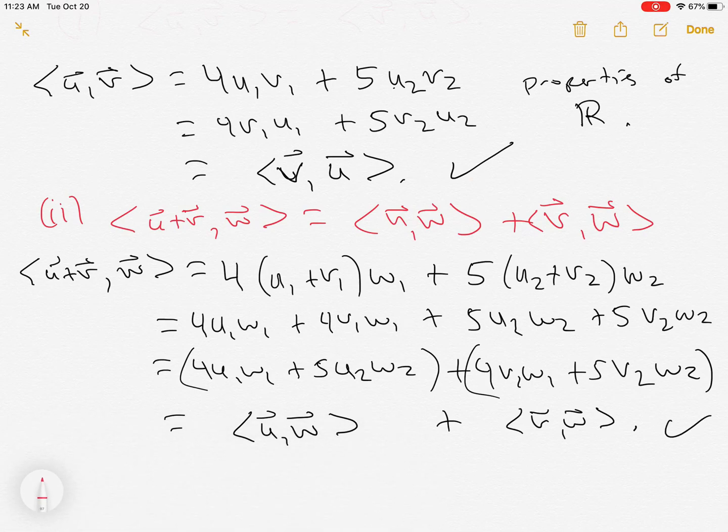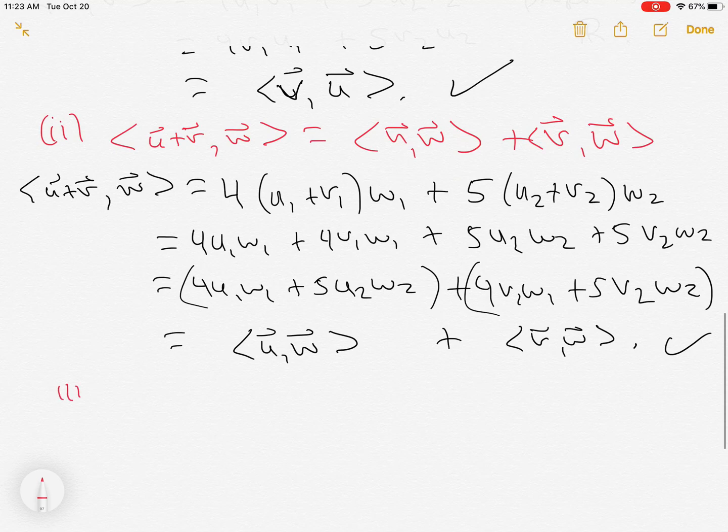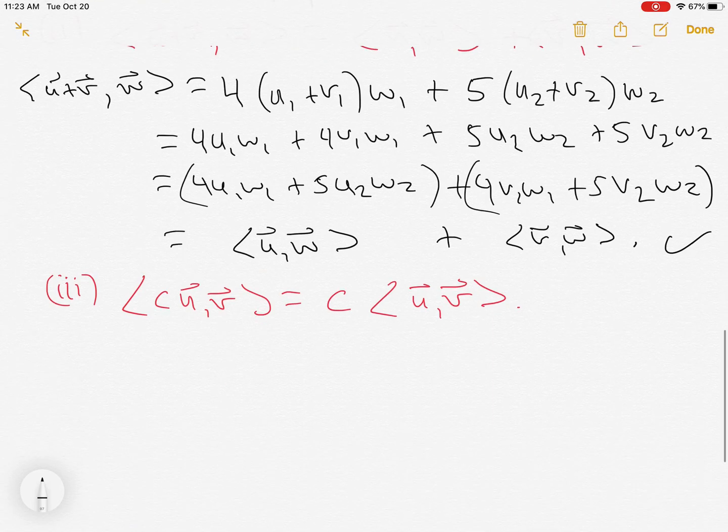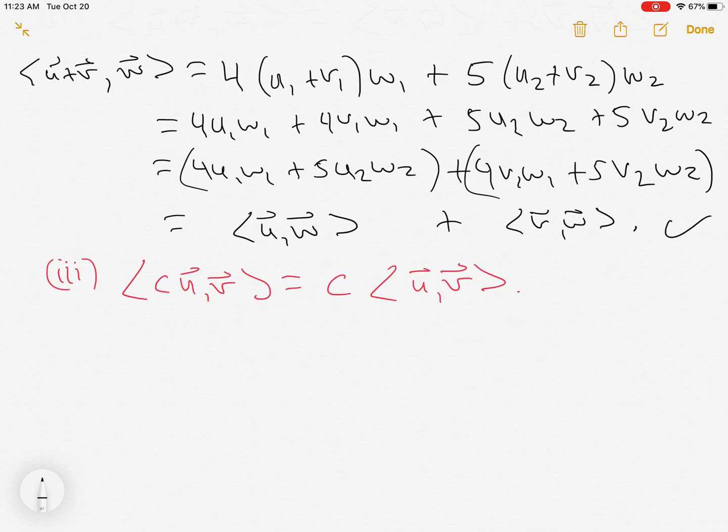3. Show that the inner product of cu and v equals c times the inner product of u and v. All right, so let c be some constant.